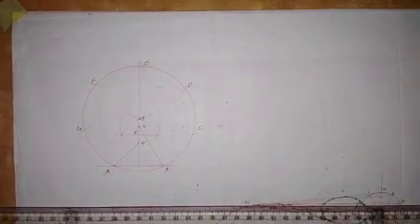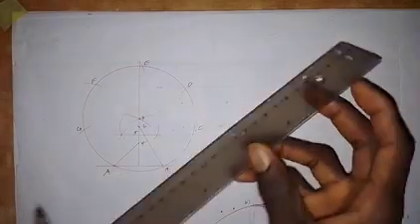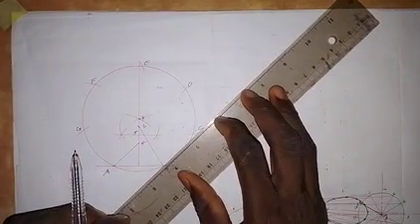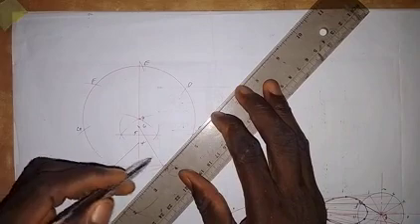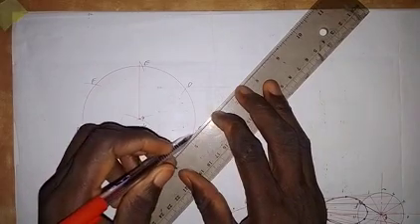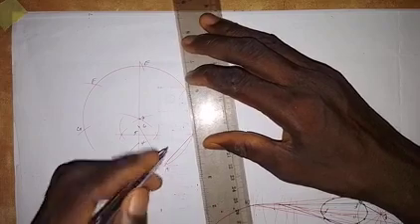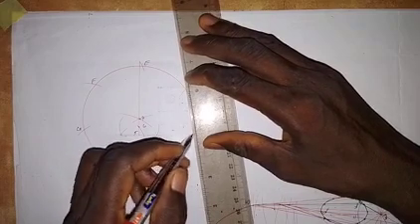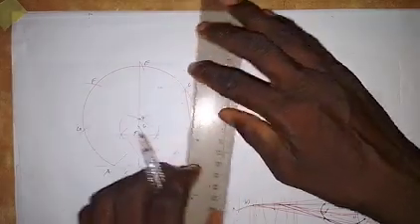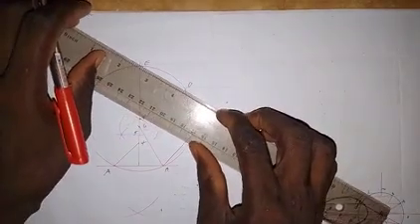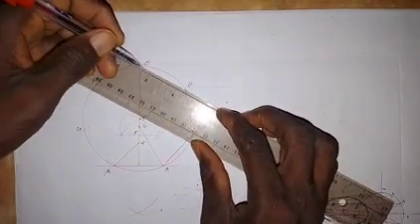Alright, so I'm going to use my red pen to join the points together to obtain a heptagon. So I'll join this together like this. Then we join this together like this. Then we also join this together.